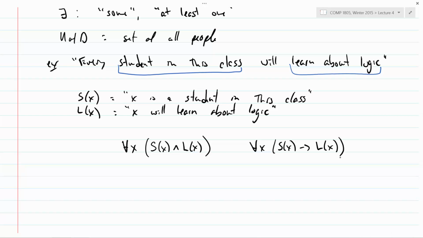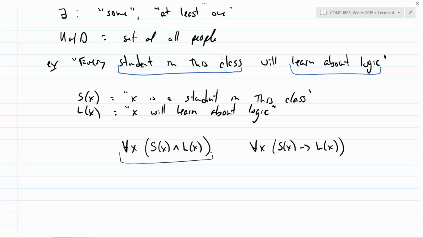Yeah, so think about what this is saying about objects in the universe of discourse. The universe of discourse is a set of all people, and the first translation here says that every single person is a student in this class and will learn about logic. Right? And that's too strong a statement. That's a very strong statement. It says things about a lot of people. The statement on the right says, if you're a student in this class, then you will learn about logic.